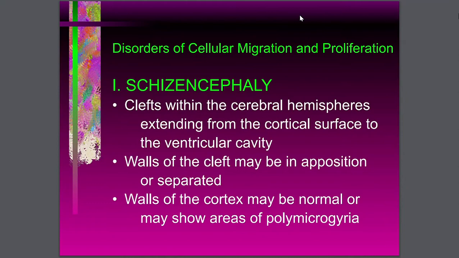And then the mom will tell you, doc, I fell down the stairs when I was pregnant. So you cannot say that the fall on the stairs was the cause. You can assure the mom that it was not the cause of the deformity in her child, no? Because you well know that schizencephaly may happen during the first to the 7th months. So if she fell in the 9th month of gestation, it is no longer a possible cause, no?